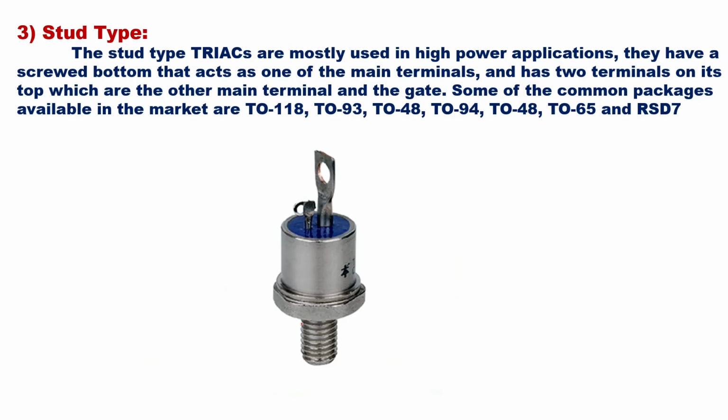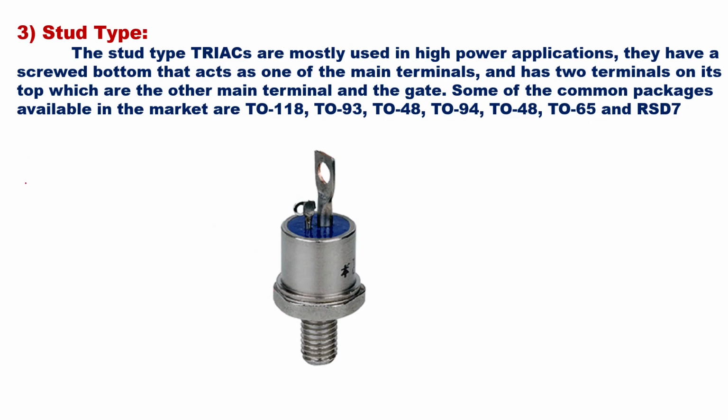Then we'll go to see the stud type. The stud type TRIACs are mostly used in high power applications. They have a screwed bottom that acts as one of the main terminals and has two terminals on its top, which are the other main terminal and the gate. So here you can see this type of package.